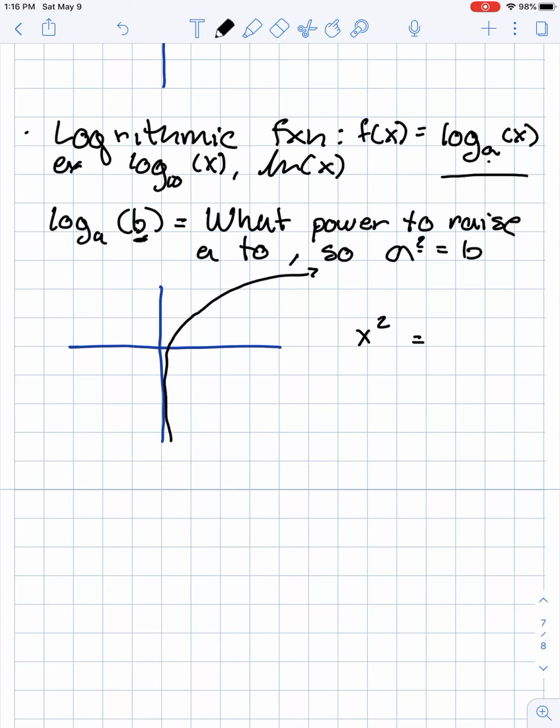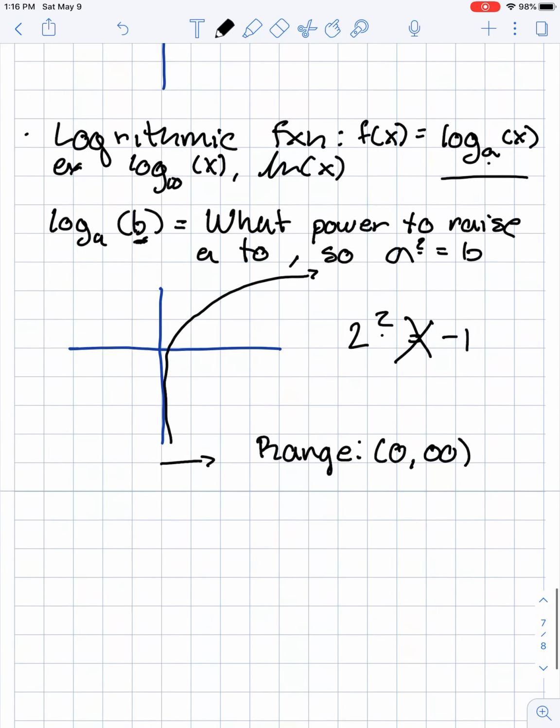Oh yeah, so basically I did this backwards. So if I had 2 and I want to make it equal to -1, I can't raise that to any power to equal -1. Doesn't work. So that's why the range is only going to be 0 to infinity. And I can never actually hit 0. I can't raise anything to a power to get to 0. So, fun thing about that.